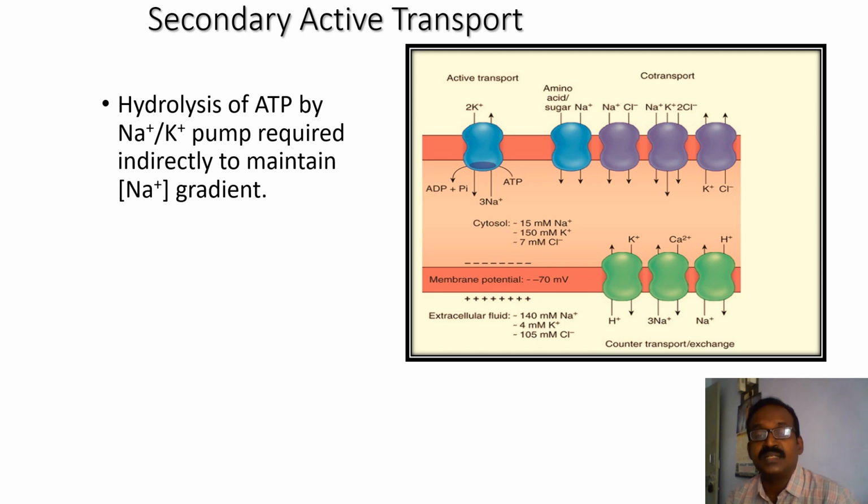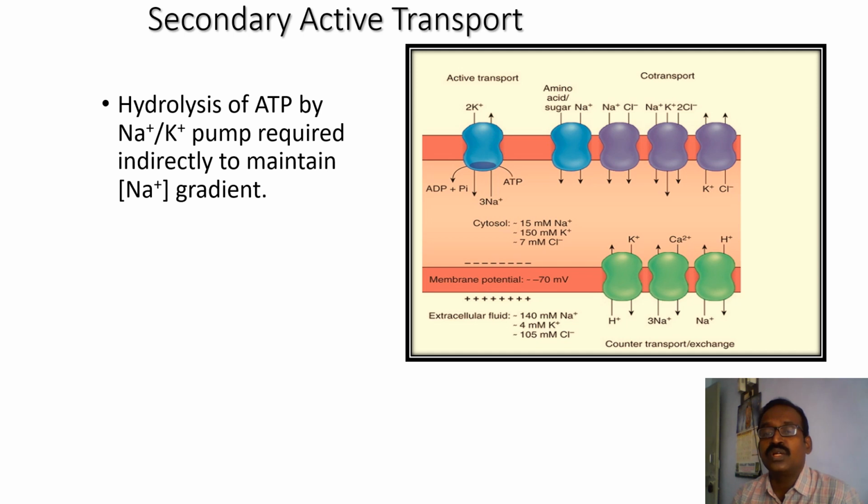Within the cell there is a smaller amount of sodium, so it produces a concentration gradient. In the extracellular or luminal area, there is a greater amount of sodium compared to the intracellular part. So the primary active sodium potassium pump indirectly helps to transport these.